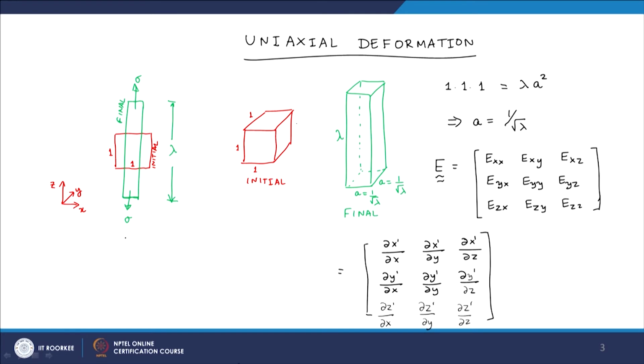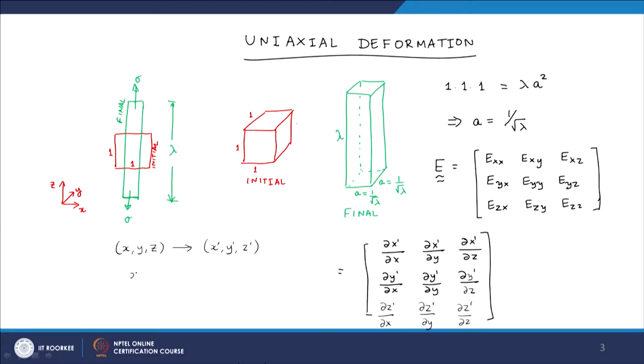Where again we have assumed that we are going from initial state x, y, z for every material point in the volume, and we are assuming that the deformation is uniform. That is the same assumption we have used earlier as well, that is every point is undergoing same deformation or similar kind of deformation.